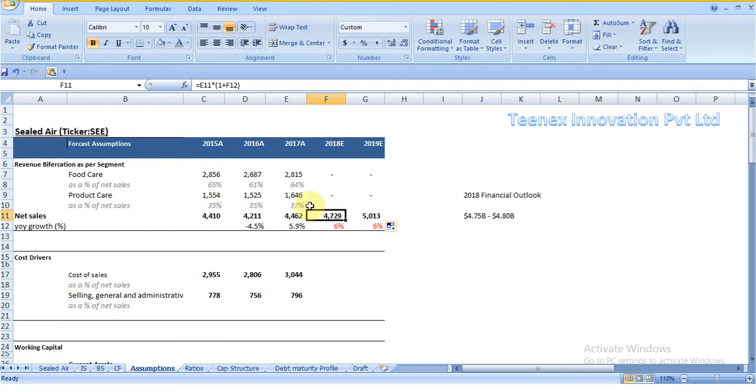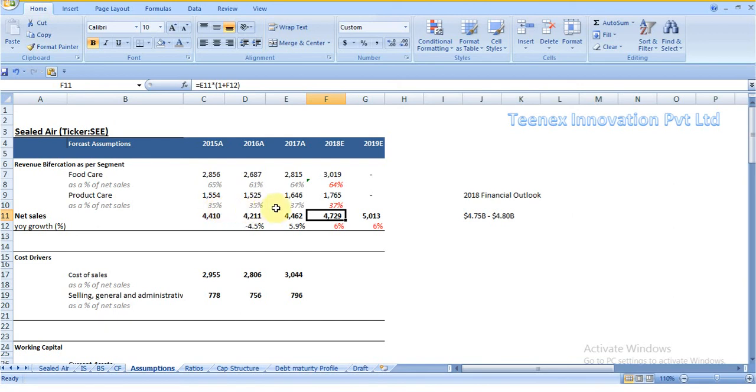Now, about these two segments, we have the revenue bifurcation. I have no reason to believe that this bifurcation is going to change drastically in the coming period, because historically, from food care the company is generating revenue in the range of 60 to 65%, and from product care the company is generating revenue between 35 and 37%.